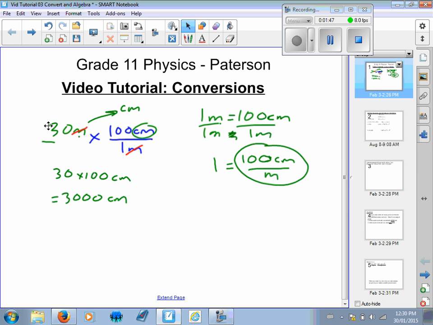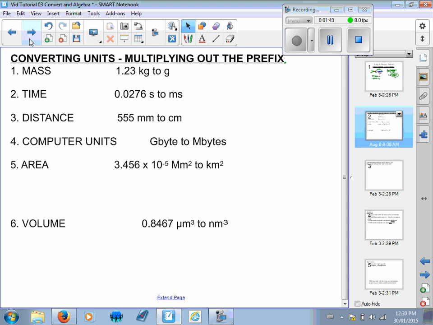So a couple of examples. First example is the same kind of conversion, so I'll demonstrate it very quickly. Kilograms and grams. 1 kilogram is 1,000 grams. In this case, we want to cancel the kilograms, so we're going to divide by kilograms.